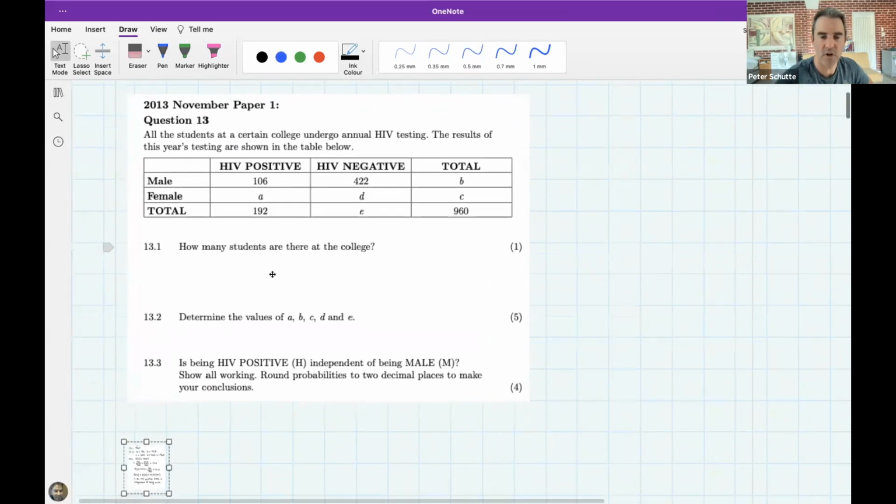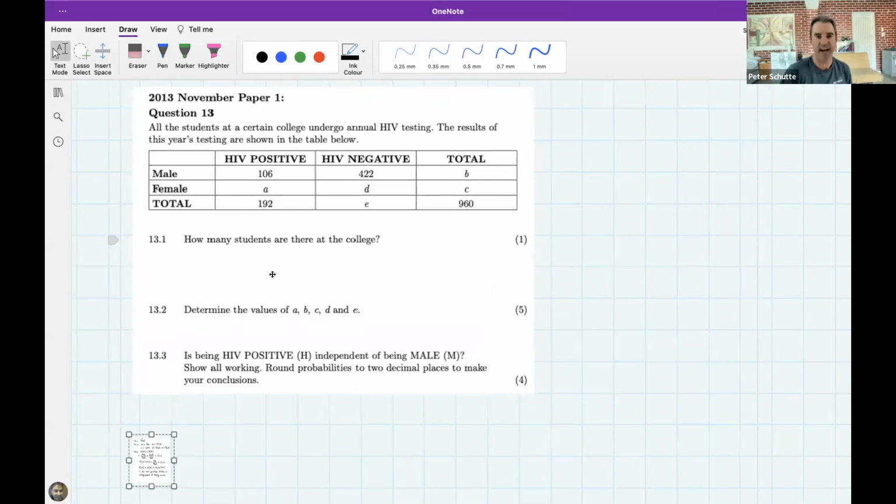Step 1: how many students are there at the college? This table is comparing gender to HIV status. A bunch of students have been tested at a college, and I want to know how many students there are in this college based on the table.